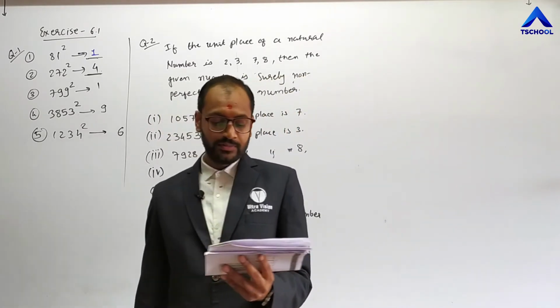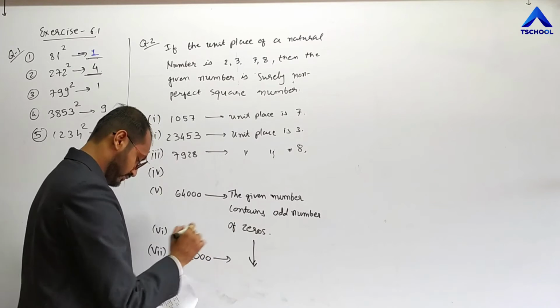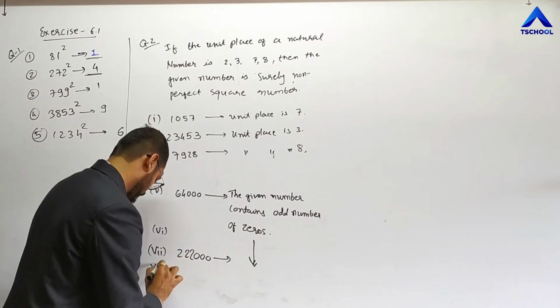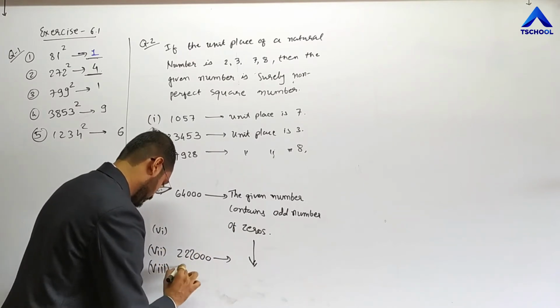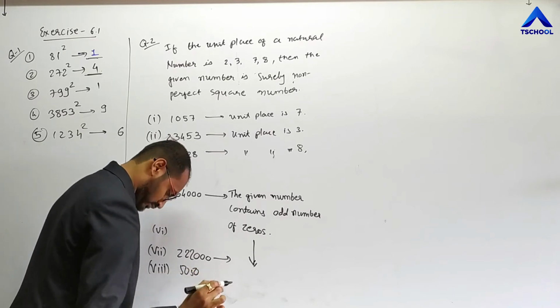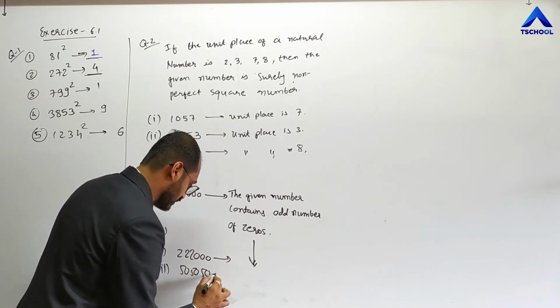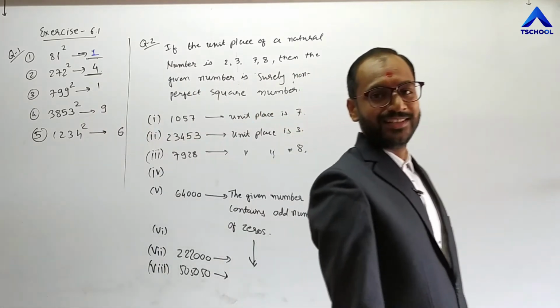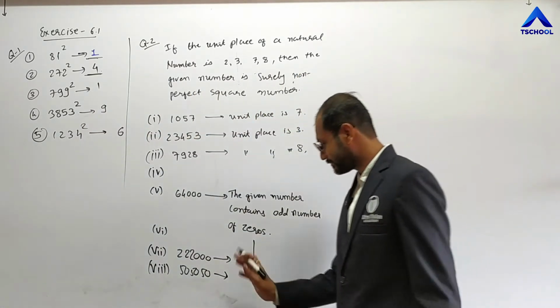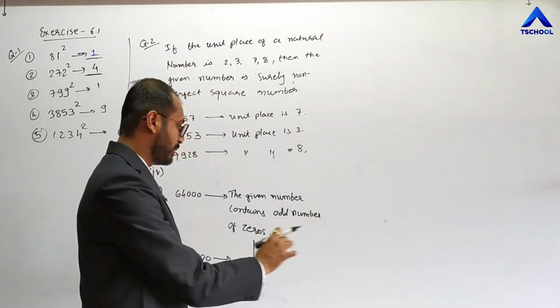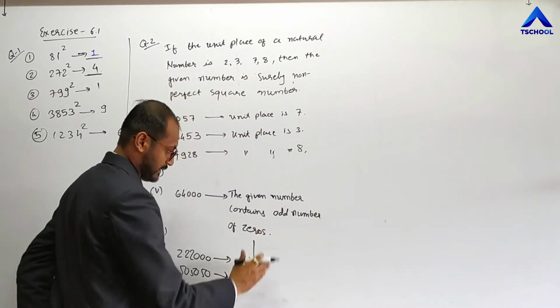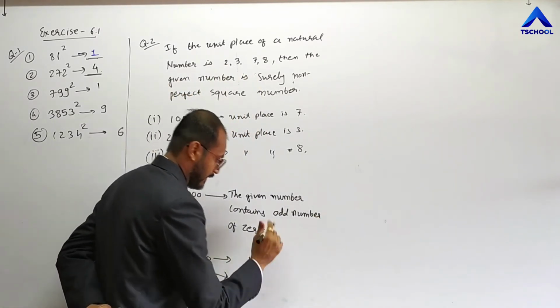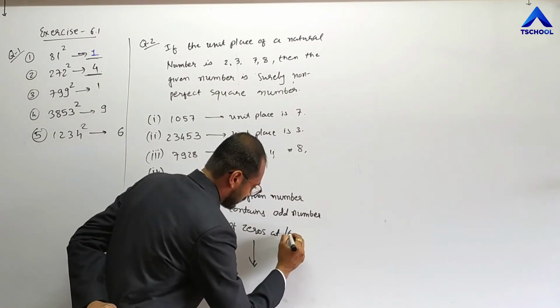And the last one, 5050. Again 50. So the given number contains how many zeros? At last, an odd number of zeros at last.